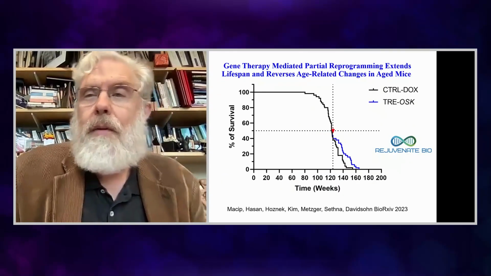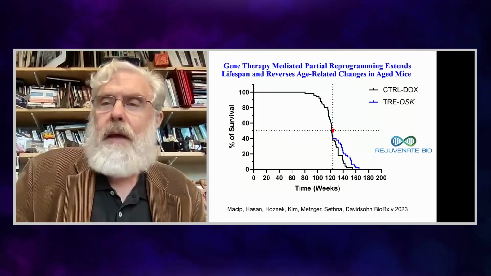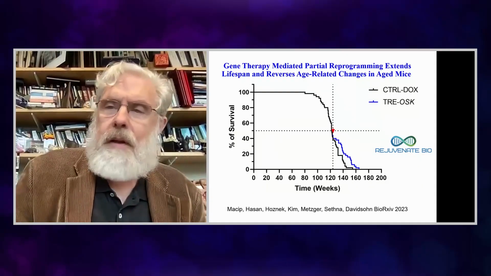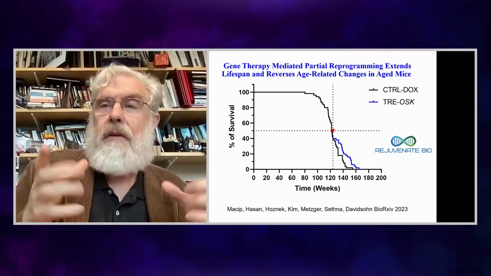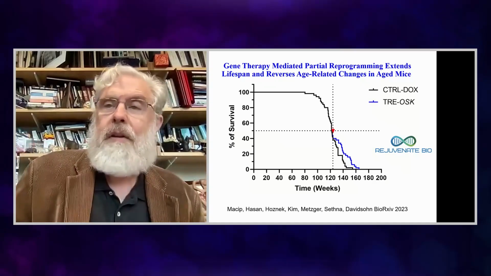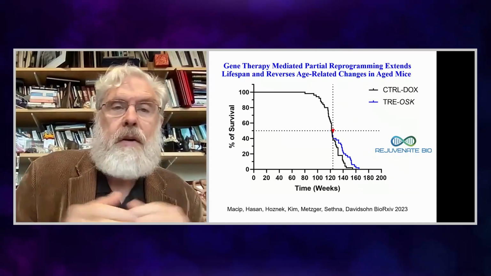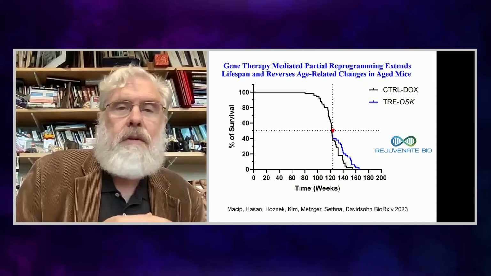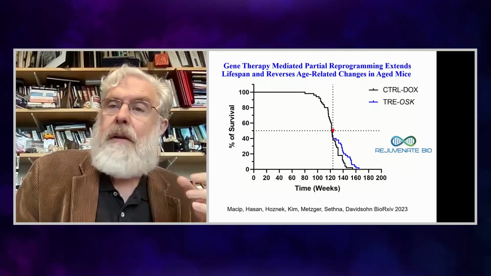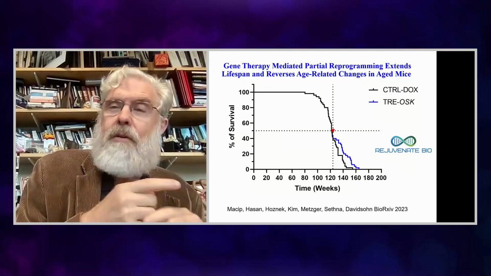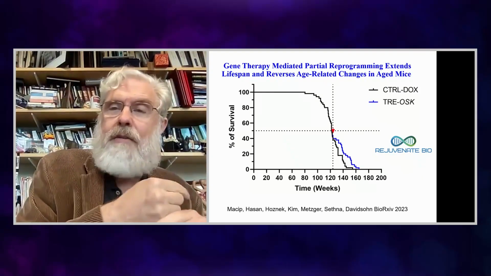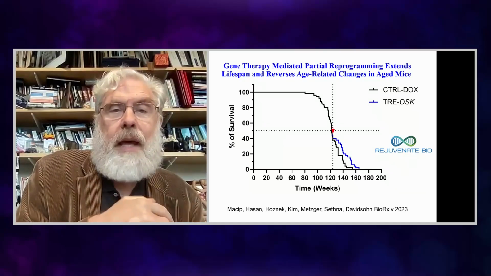Now, we don't go to the FDA promising longevity because that takes a longer clinical trial. The standard deviation for human longevity is 15 years, and that means the clinical trials are even longer.